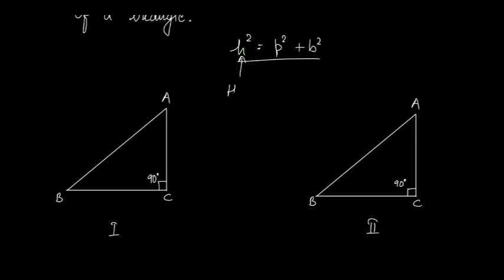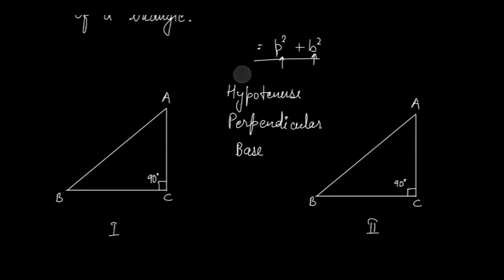By the Pythagoras theorem we can write h square is equal to p square plus b square, because the Pythagoras theorem says hypotenuse square is equal to perpendicular square plus base square. h stands for hypotenuse, p for perpendicular, and b for base.